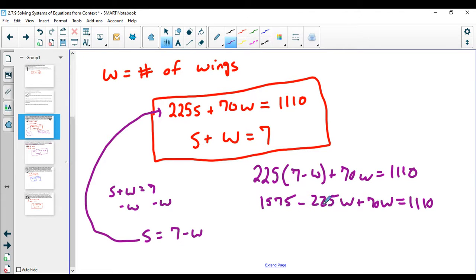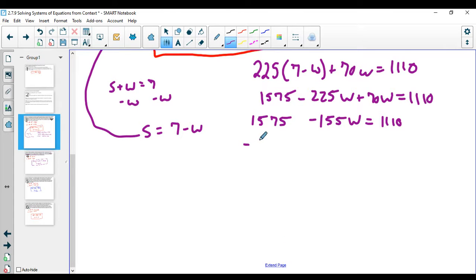All right, so minus 225w plus 70w simplifies to negative 155w. Then we solve that 1,575 minus that. And then subtract the 1,575. So 1,110 minus 1,575.